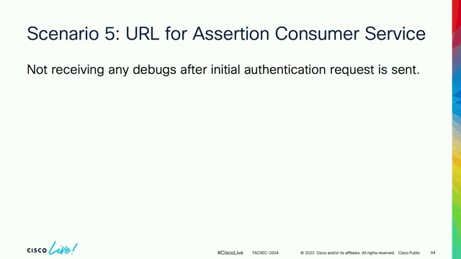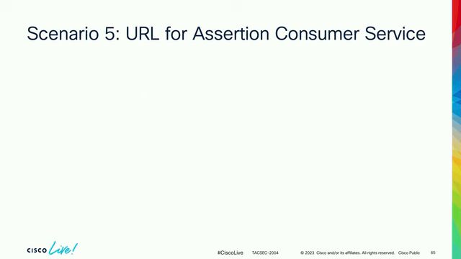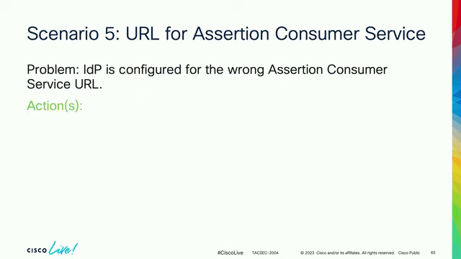So what happens here is that the HTTP POST message that the identity provider is supposed to send to the service provider is not arriving at the service provider, or the secure firewall. At this point, something might be odd with the assertion consumer service URL on the identity provider or service provider. So there are 3 actions that we can take.